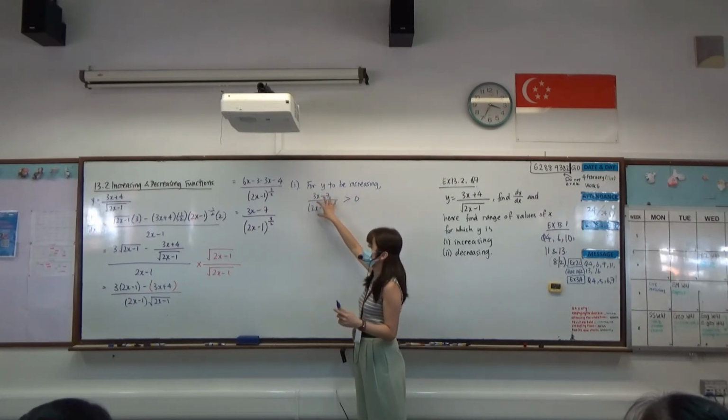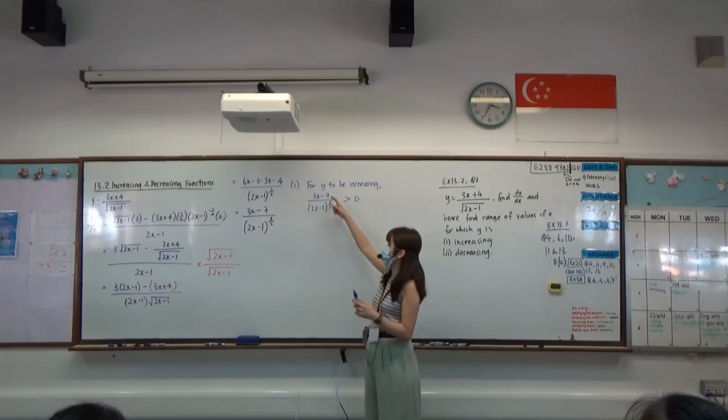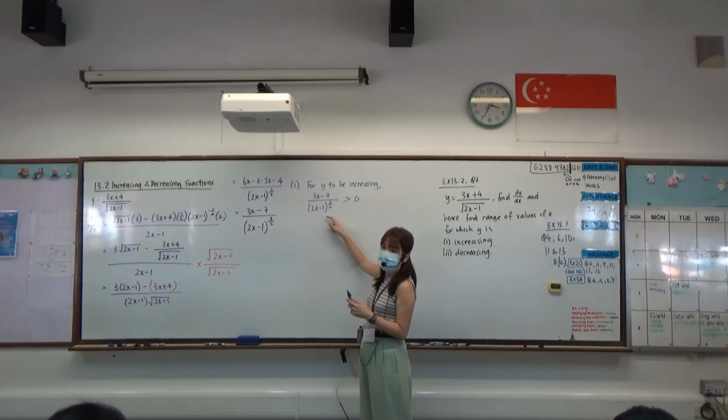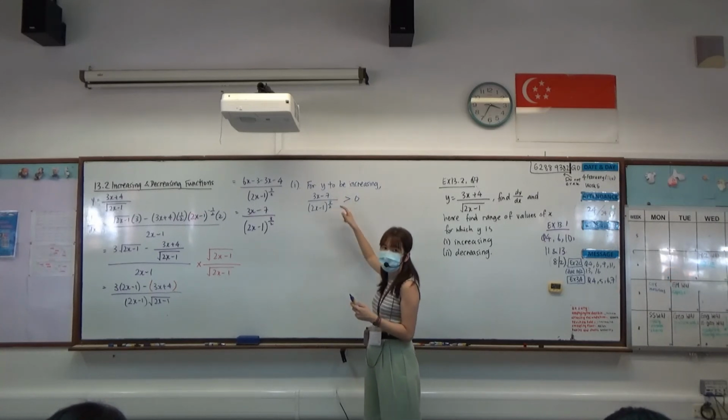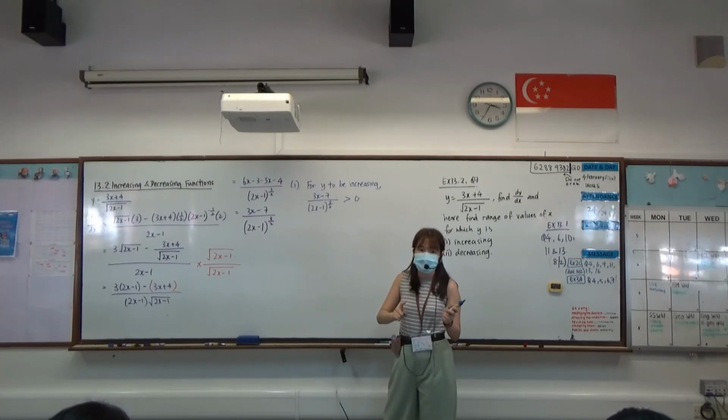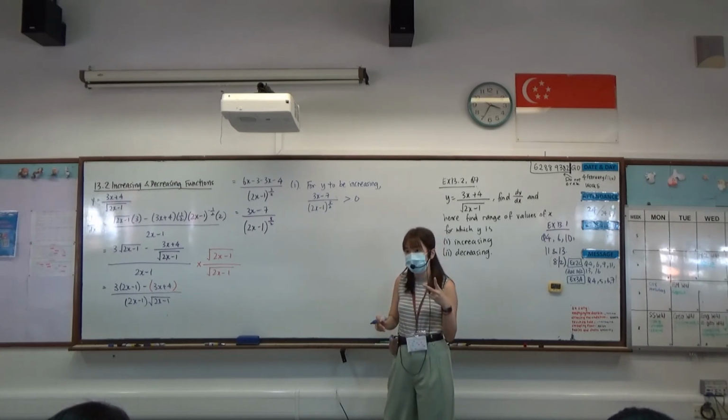And this expression is made up of two parts, the numerator and the denominator, or in other words, something divided by something. In order to have two things dividing each other to get a positive number, there are two cases that we can look at.